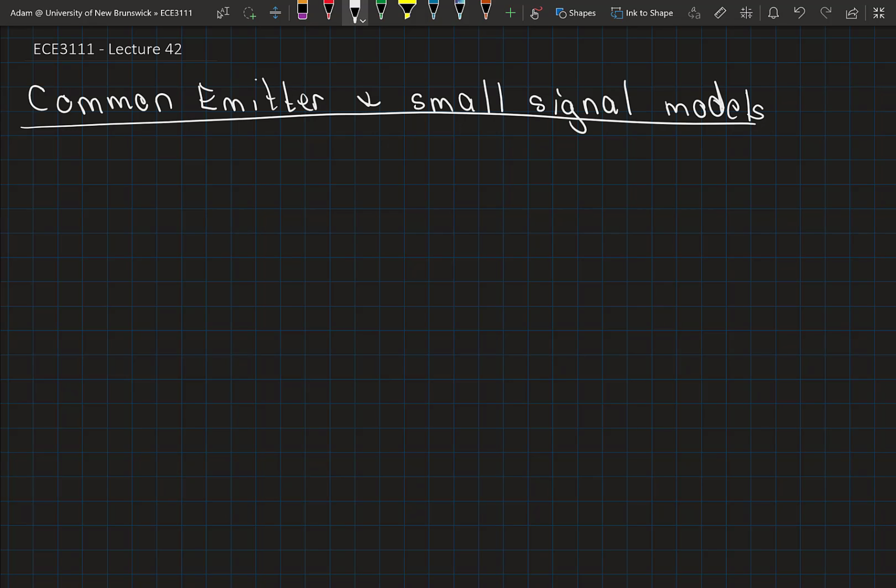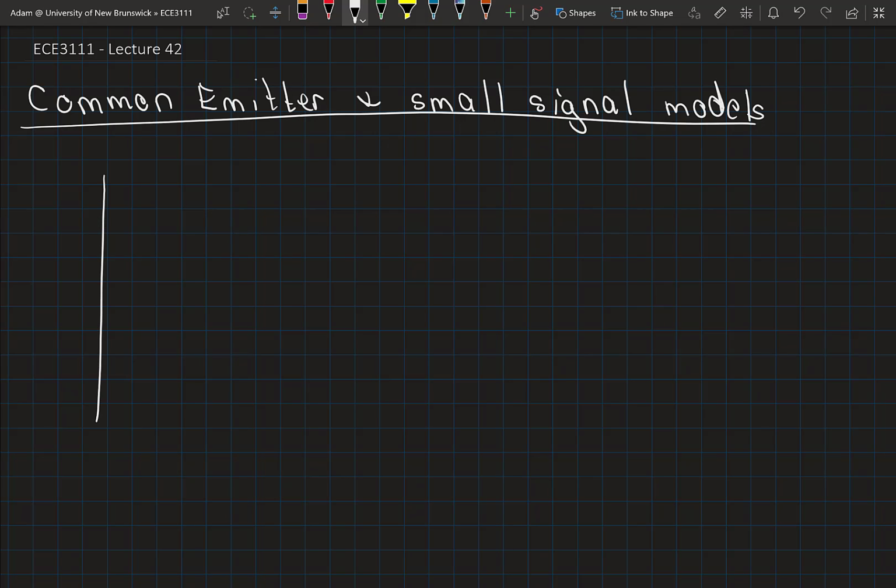Okay, so just like our diodes, whose small signal behavior is modeled by this idea of small perturbations around an operating point that we called Q, we can look at BJTs in the same way.